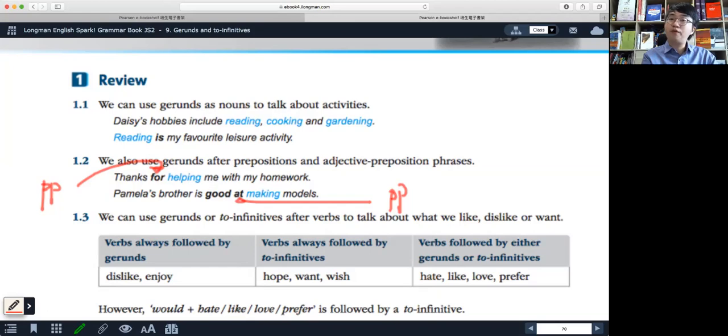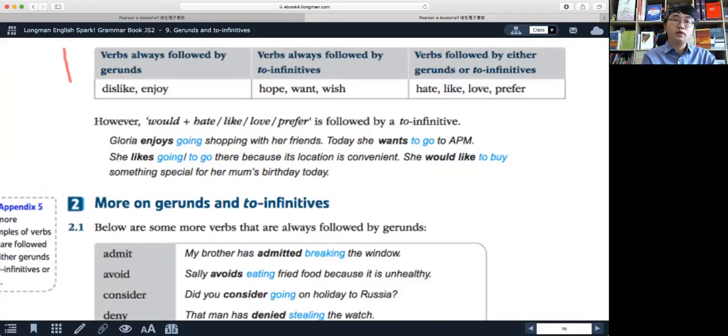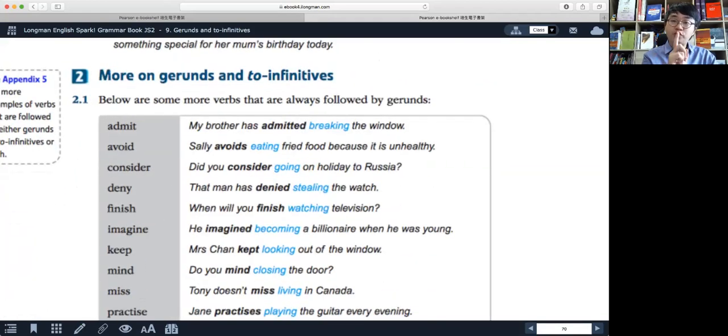So look at point 2. You have to remember these verbs, because after these verbs, we must use gerunds. They are always followed by gerunds, always. For example, admit. We have an example here: my brother has admitted breaking the window.